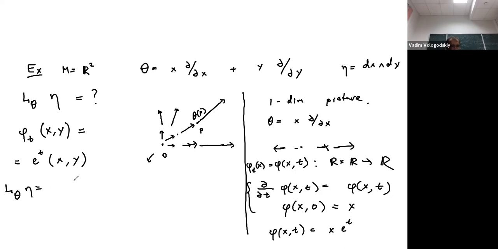You just take, use the definition, so it's going to be d over dt of phi upper star t eta, and then you plug in t equals 0.